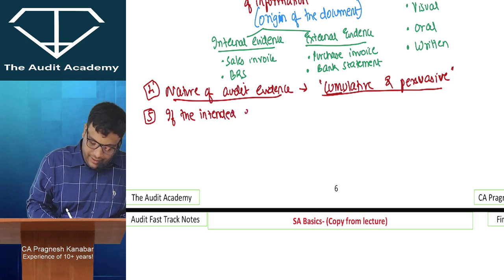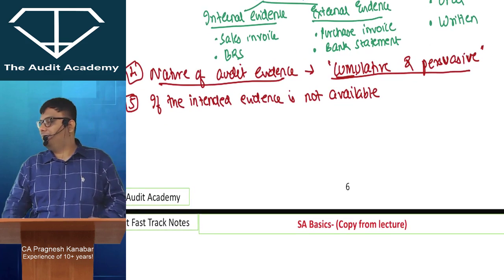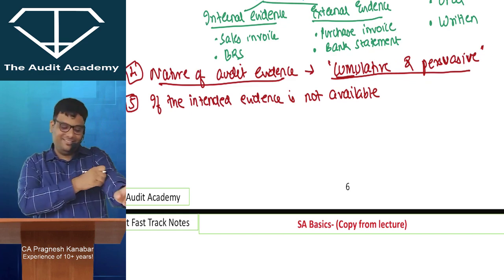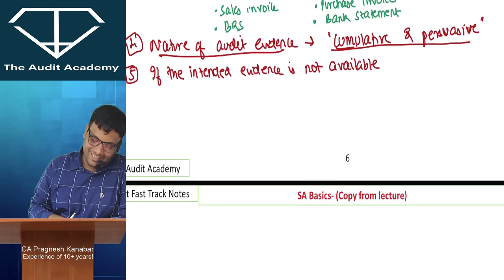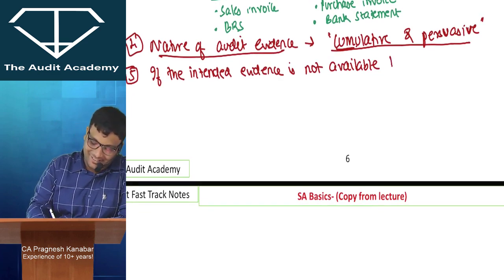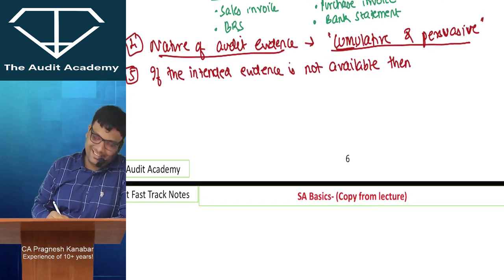If the intended evidence is not available, but I know sometimes practically we change the sample itself to get the work done. The answer is not available, change the question. The jugaads of articleship.